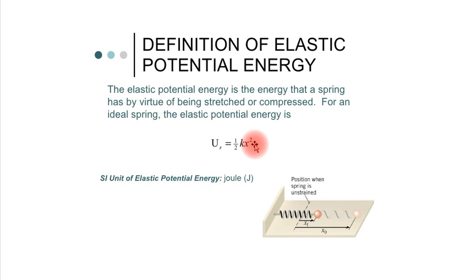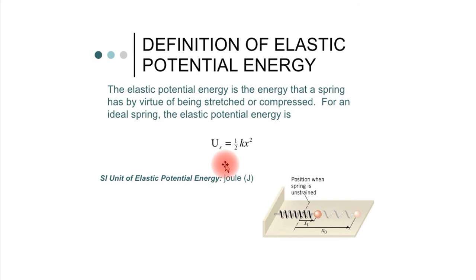In the previous slide, we discussed the force exerted by the spring. This is the spring, and when the ball is taken from this point to this point, the stretch of the spring is equal to x, and the force applied on the body is F is equal to minus kx, where k is called the spring constant.